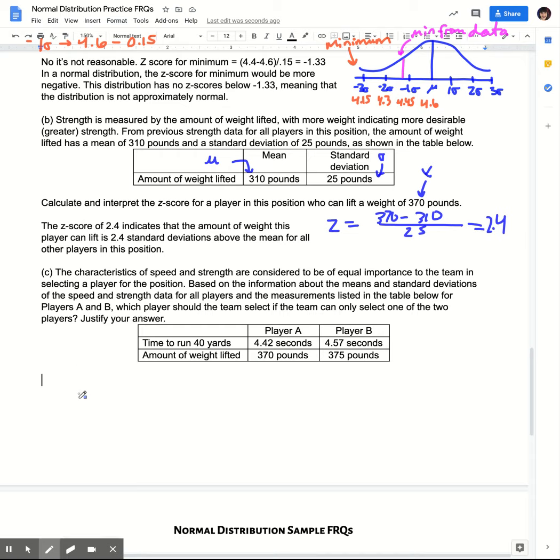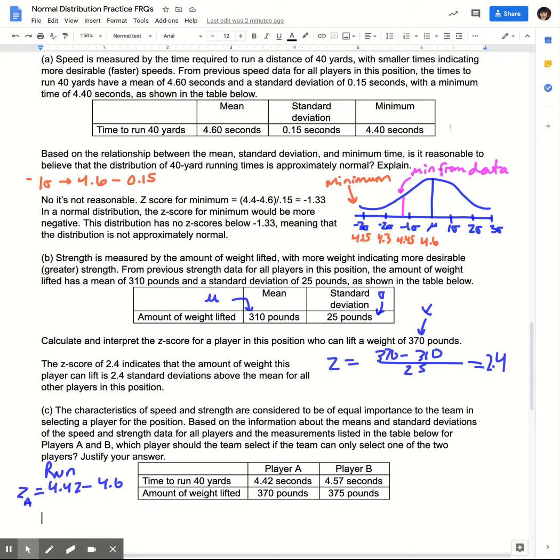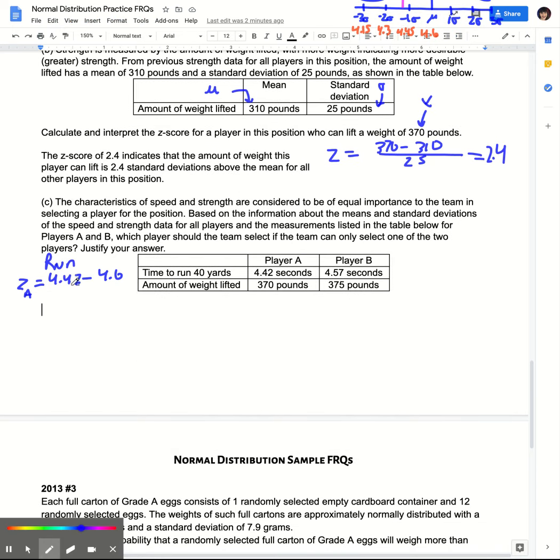Okay, so for running, the z-score for player A is 4.42 minus 4.6, which again I got from the previous information from the problem, the mean and standard deviation from part A and part B. So 4.42 minus 4.6 over 0.15, and when you actually do that calculation, that number is negative 1.2.